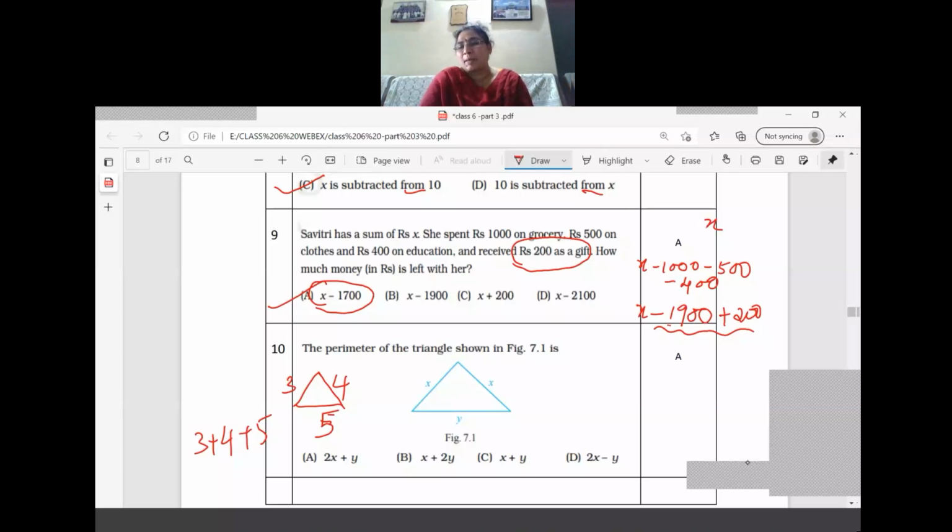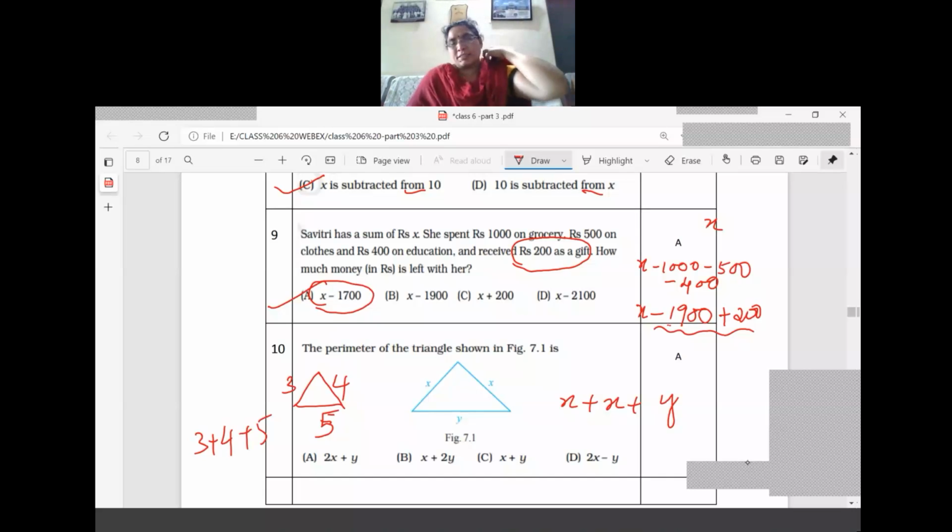But in this case, no numerical value is given, only variables are given. So what will we write here? x plus x plus y. You have not learned like terms and addition yet, but x is having 1x here, and when no number is written, it means one time. So 1 plus 1, 2 will come. So the answer is 2x plus y.